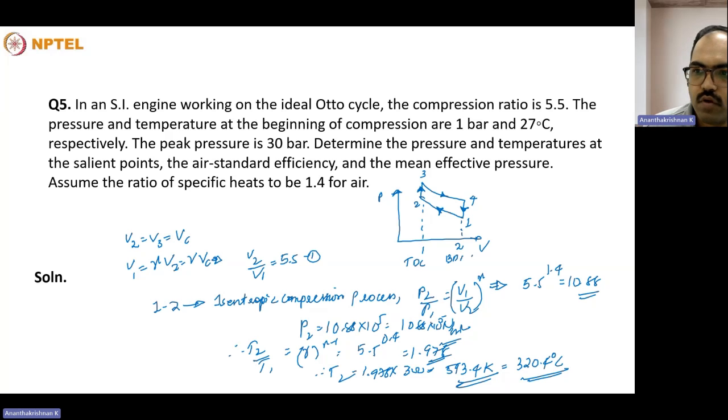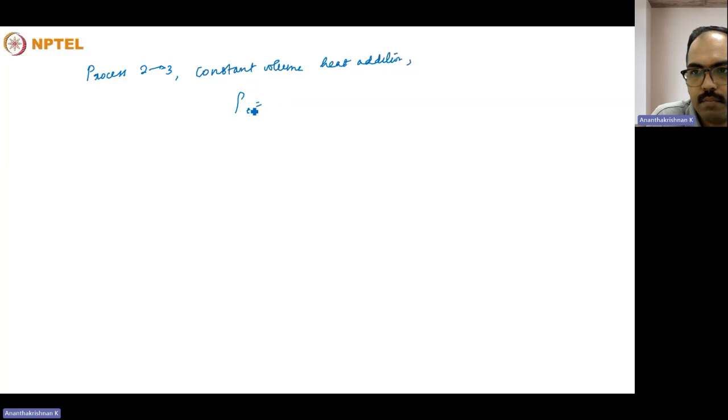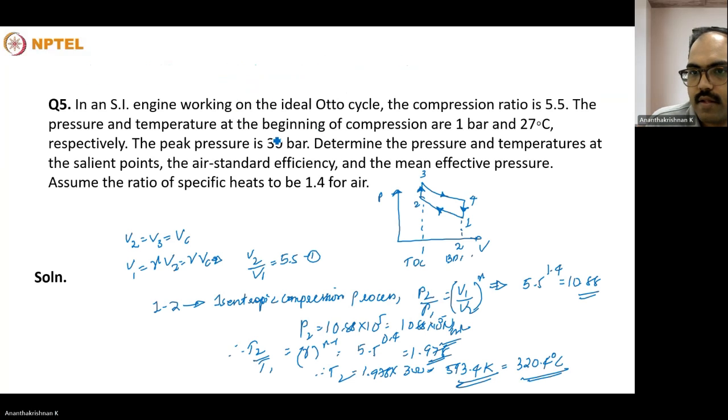Process 2 to 3 is constant volume heat addition. For P3, the peak pressure is given as 30 into 10 power 5 Newton per meter squared, that is 30 bar.